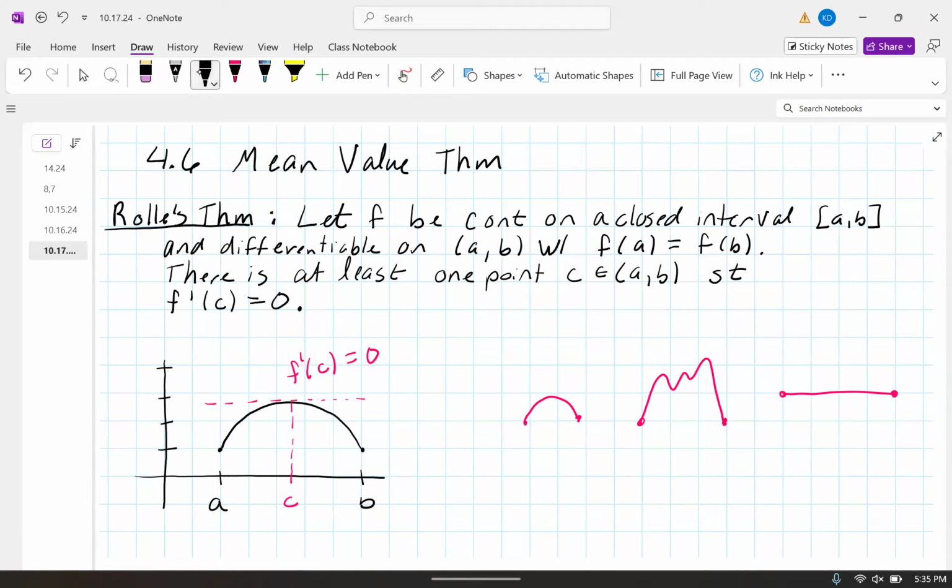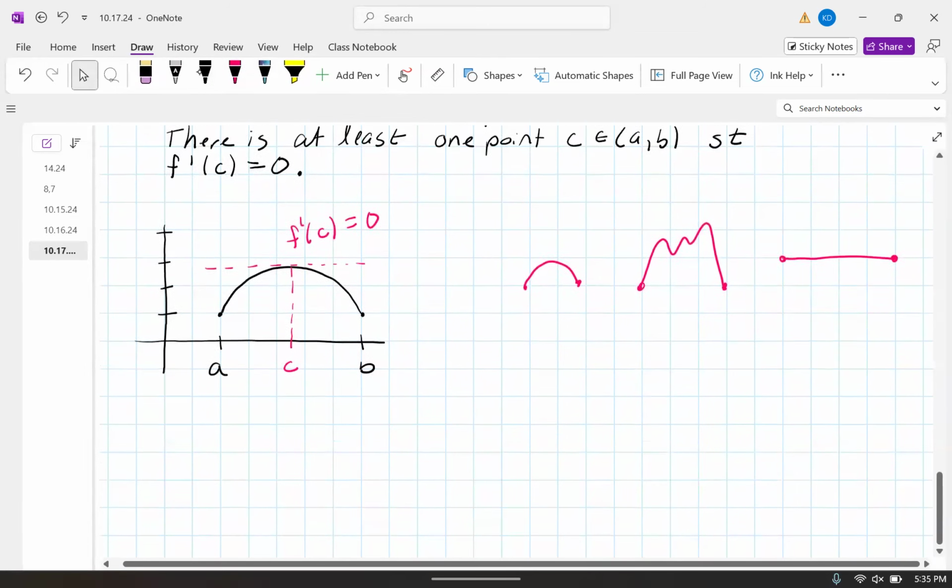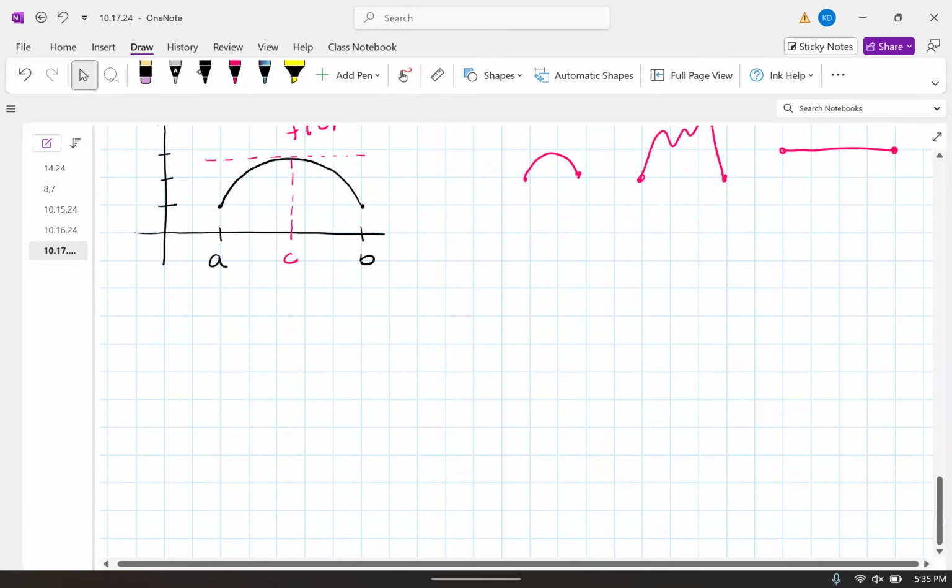Let's do an equation where we can look at that. Hopefully everybody got that. So our function f of x equals x to the third minus 7x squared plus 10x.